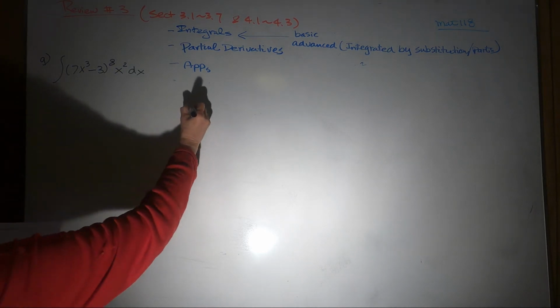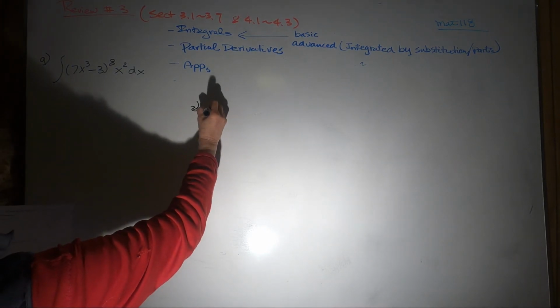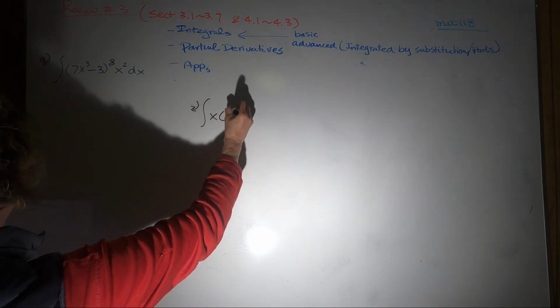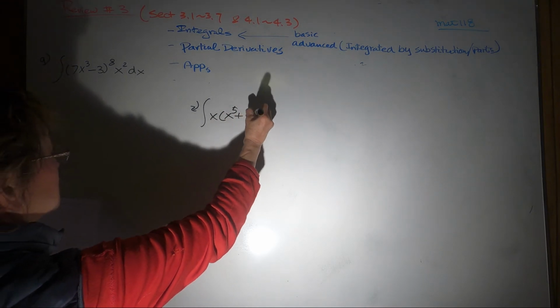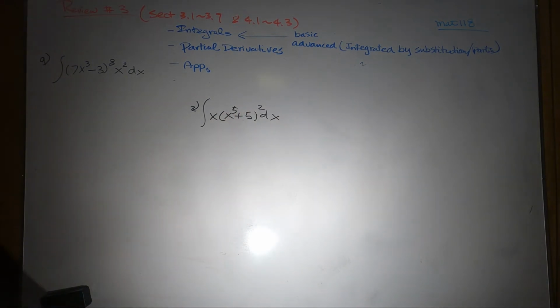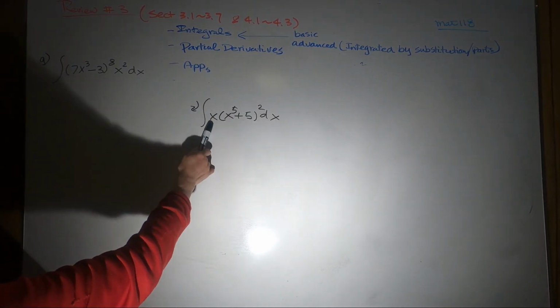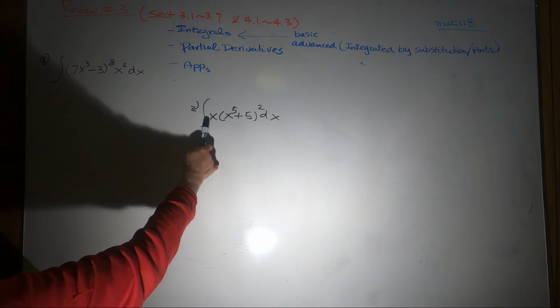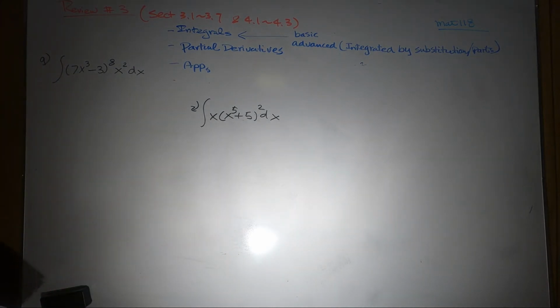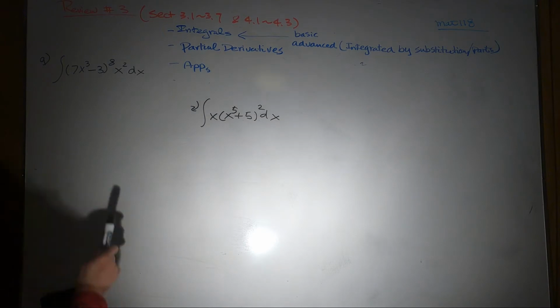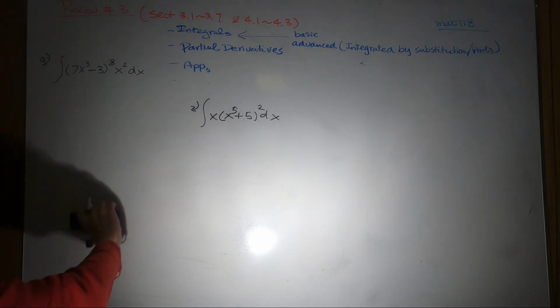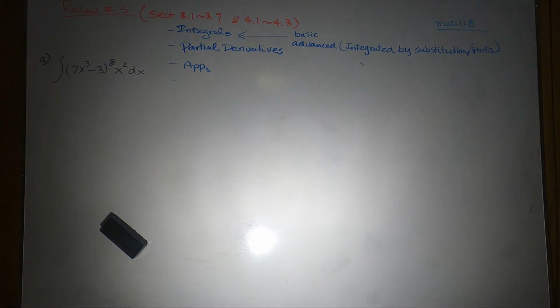It's not like your example 2 on your page 1, where it's just a square, so you can multiply them out, then multiply by the x, then do the simple integration for the polynomials, right? But this one, 8 times, is almost impossible for you to do.